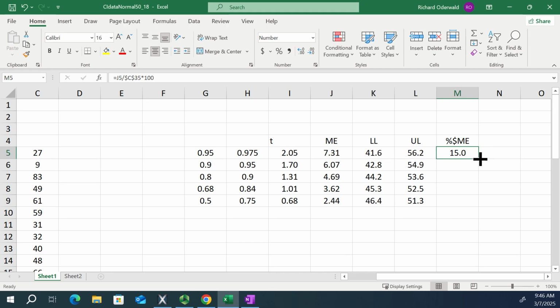If I copy this down, this is the percent confidence interval for each of these levels. Look at the 95 and the 68 again. What's the 95? What's the 68?